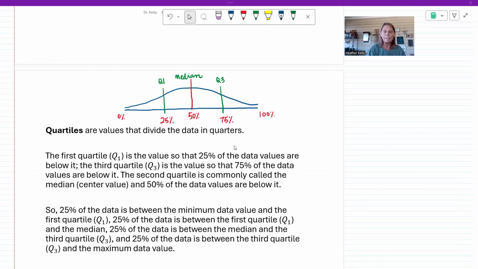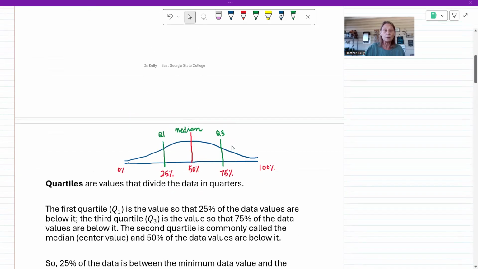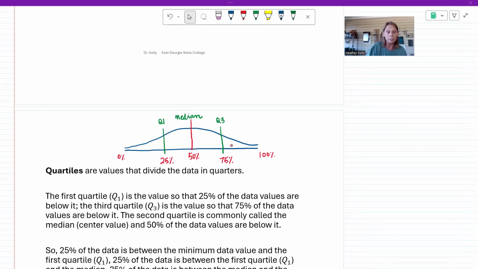So a couple things to be noted here. You can totally see between 0 and 50% that that's 50% of the data. And you can see from 50% to 100% that that is also 50% of the data. But notice that you can also see that between quartile 1 and quartile 3, that is also 50% of the data values.